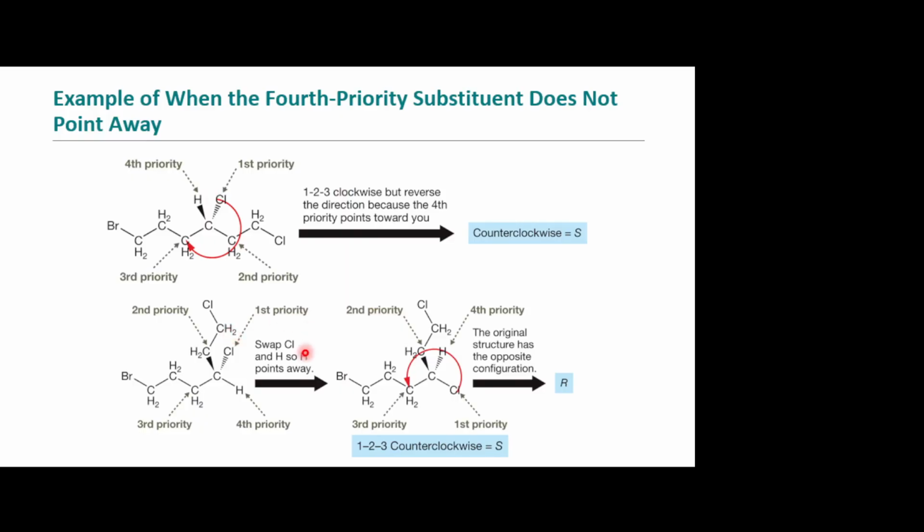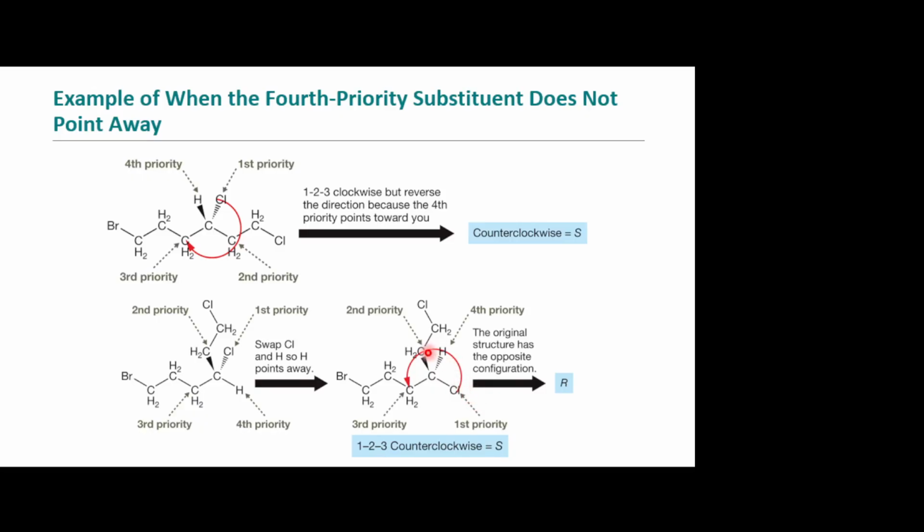So this one right here is one where, see that hydrogen, that fourth priority one? That's in the plane, isn't it? And so what we're going to do is swap it with whatever is the one in the back away from you. That's the chlorine in this case. So we redraw it with the hydrogen and the chlorine swapped. Everything else is the same. Then we assign our priorities.